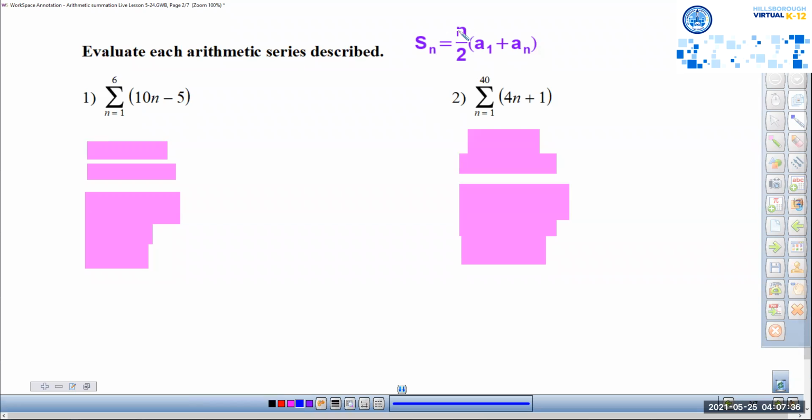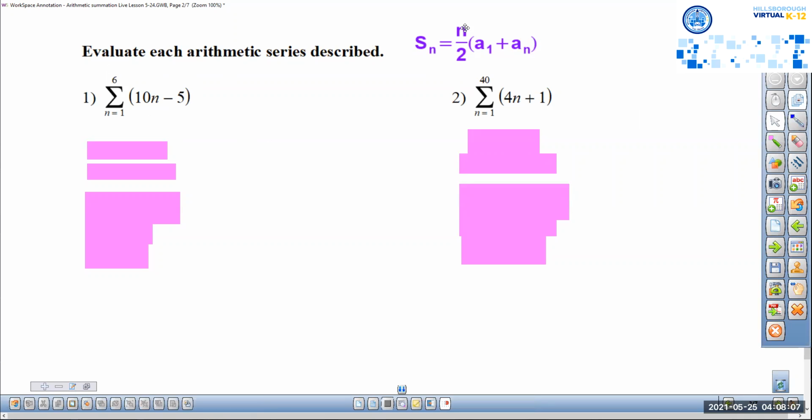You plug this number in here, divide by 2, and you have to add the first number and the last number in the series. So in sigma notation here, it tells us that we're going to start with n equals 1, and we want to do n equals 2, 3, 4, 5, 6, and then add all those numbers up. That'd take a long time. So there's got to be an easier way.